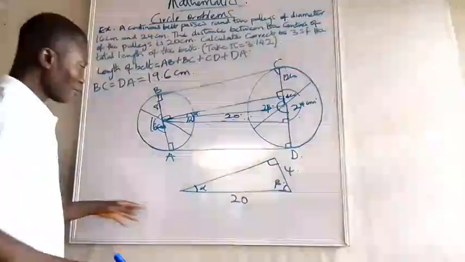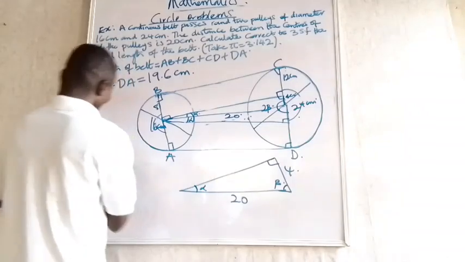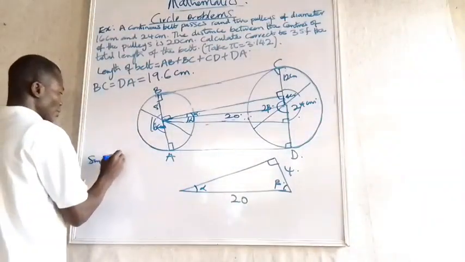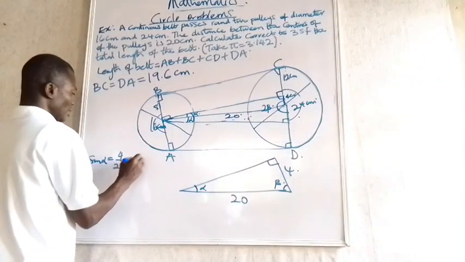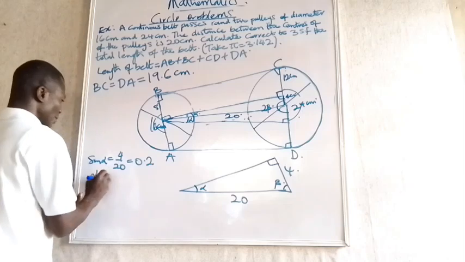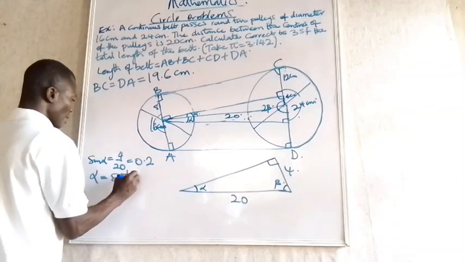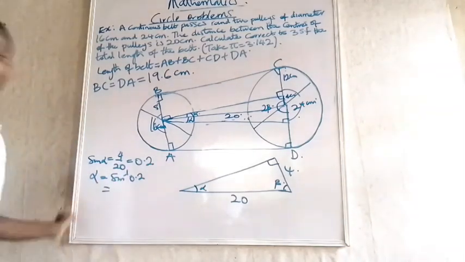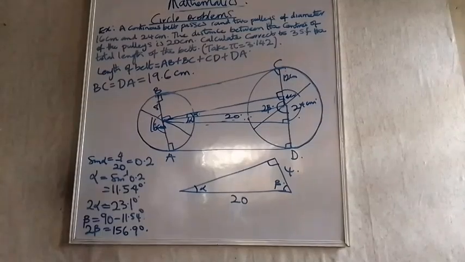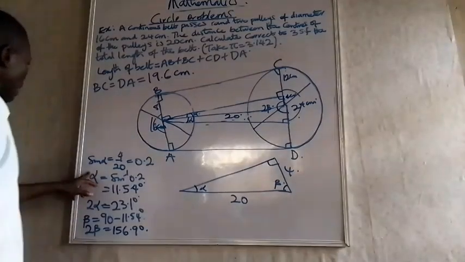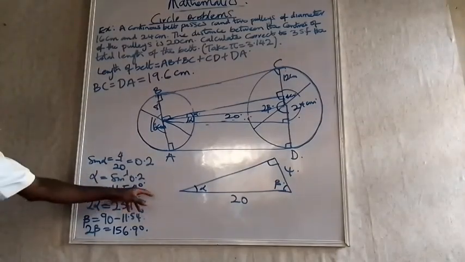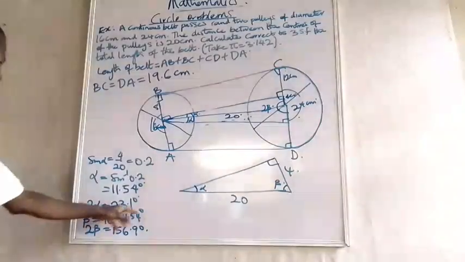Let's get alpha. Sin alpha is equal to 4 over 20, which is 0.2. So alpha is equal to arc sine 0.2. Now I am able to get alpha, and so 2 alpha here is 23.1 approximately.